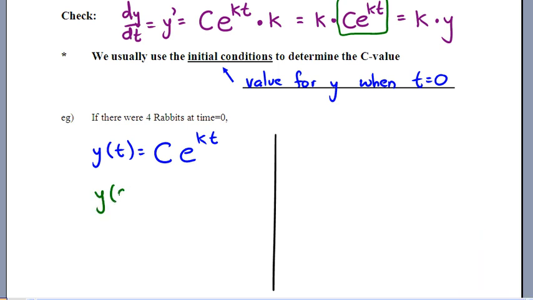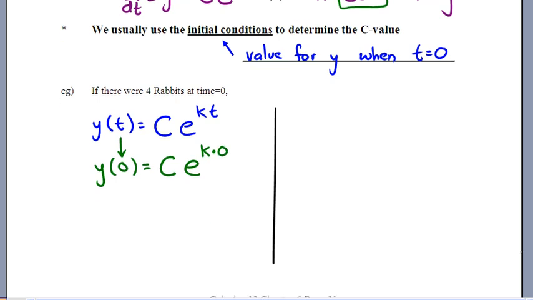How does this math work out when I put 0 in for time? I would have c and then e to the k, which I think in our story was 1.5, but multiplied by 0. Well, k times 0 is just 0, so I would have c e to the 0. But e to the 0 is just 1, so I would have c.